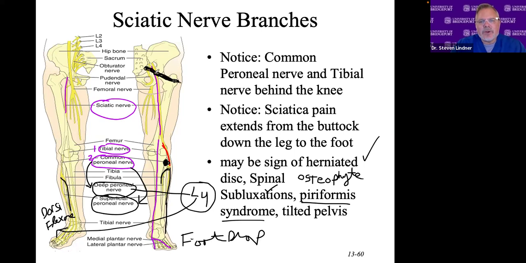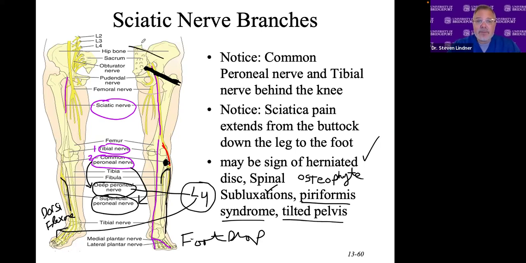So it's almost like a type of thoracic outlet syndrome, right? If you think of the concept of thoracic outlet, where it's either the scalenes or the pec minor compressing the brachial plexus, here we have a piriformis muscle that can compress the sciatic nerve. All right, so piriformis syndrome is a type of sciatica. You can have a tilted pelvis.